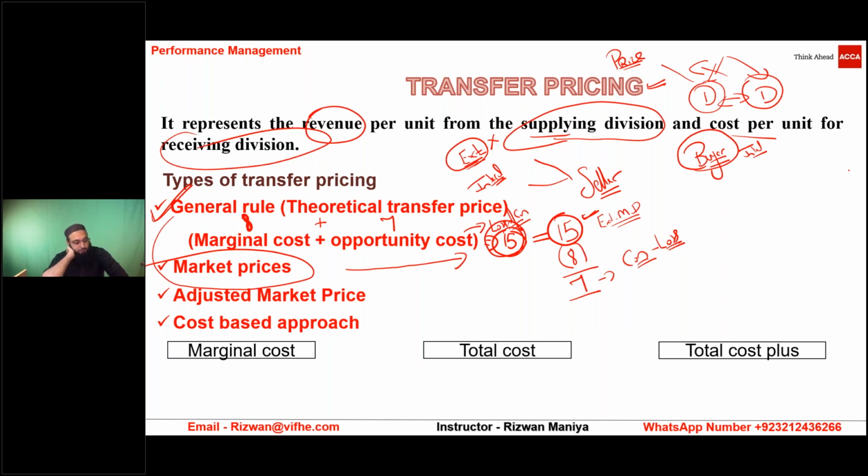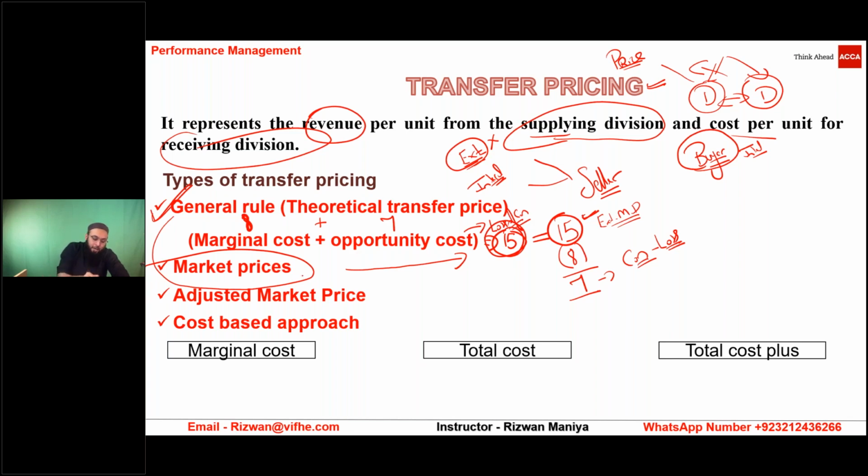Okay? Happy? Done? Okay, great. I've linked the general rule with the market price here. So what to remember? That the general rule brings you back to the external market price. Agreed? Perfect.